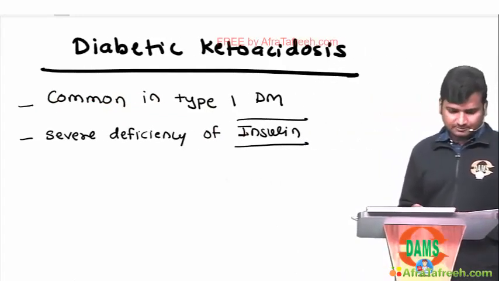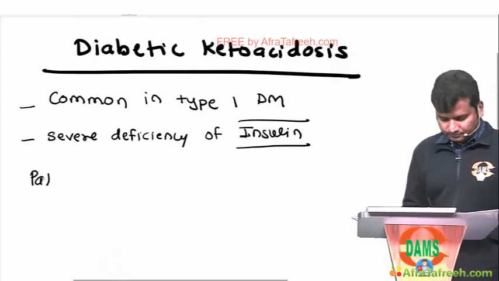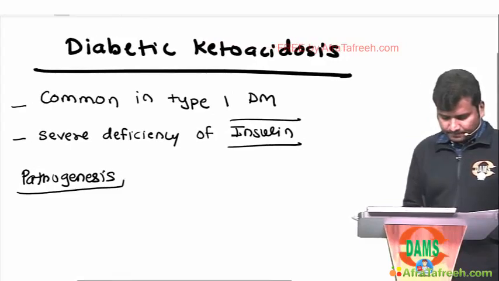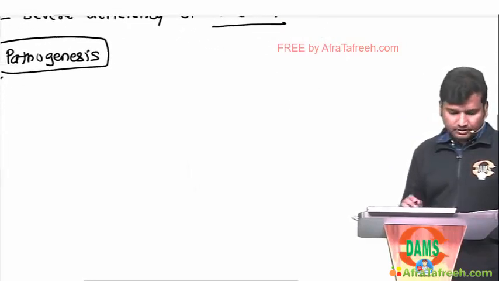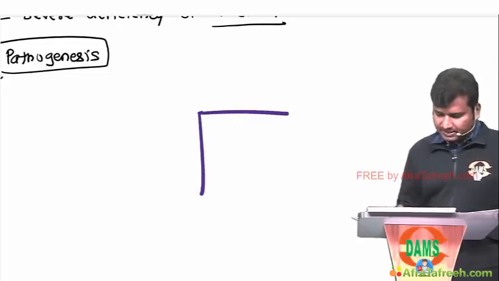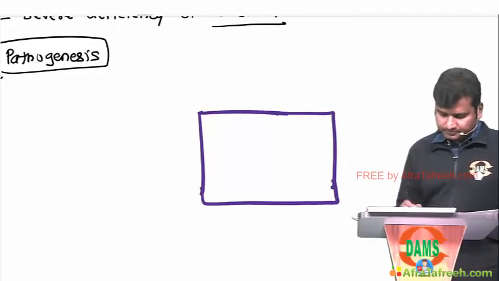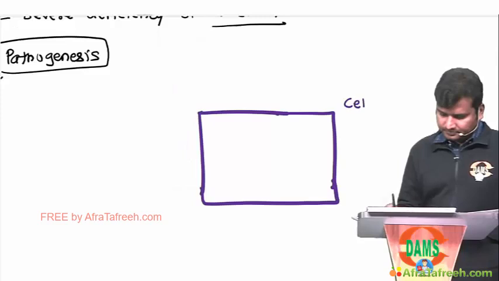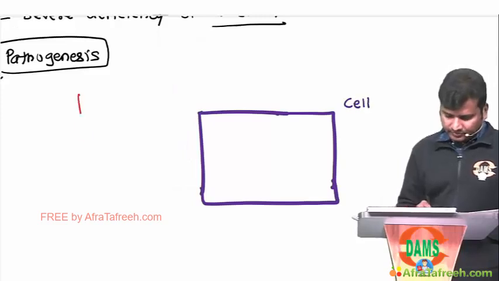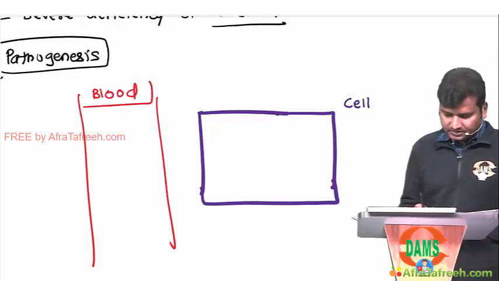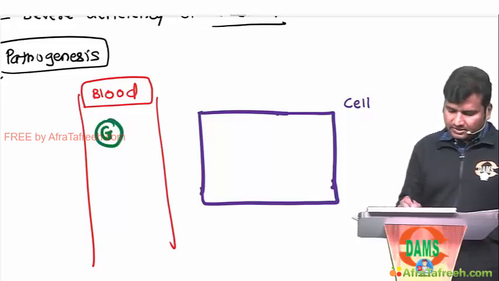What is the reason? Now suppose this is our cell and this is a blood vessel. This is blood, and some glucose is present in the blood.